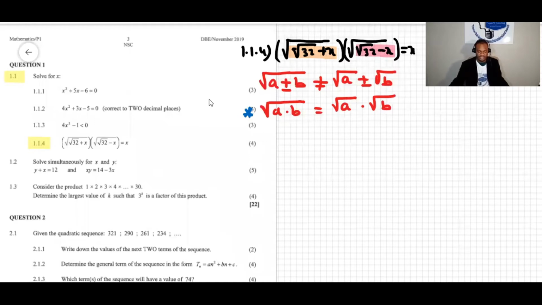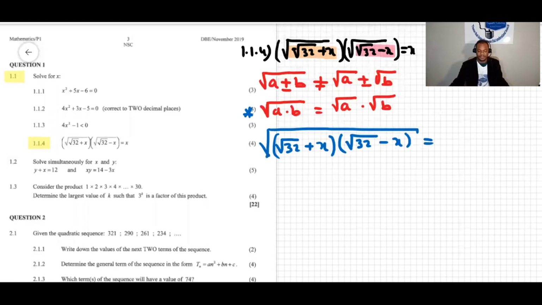So this will be the square root of (32 plus x), that's a, and then the square root of (32 minus x), that's b, equal to x.